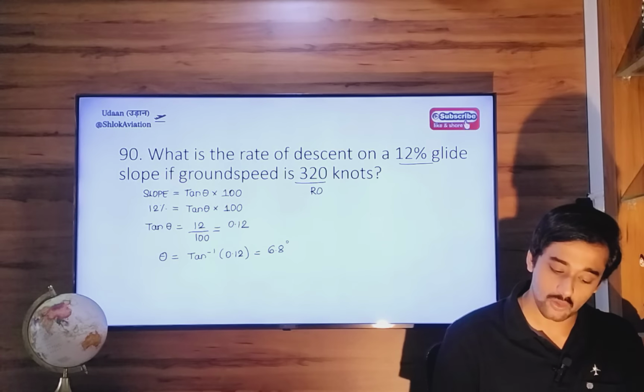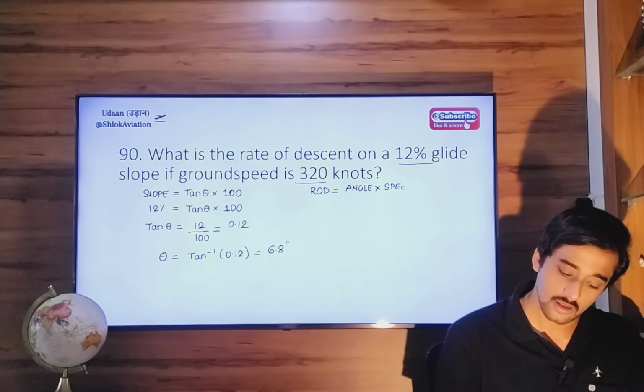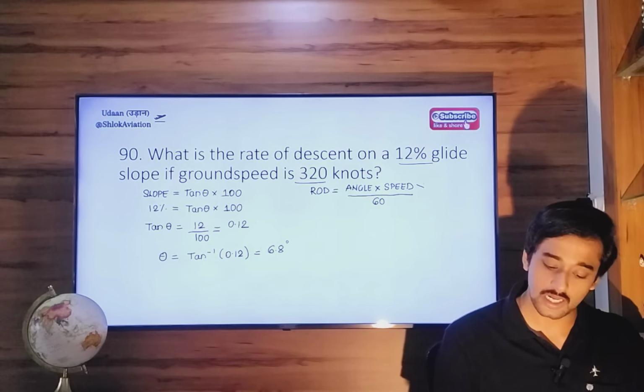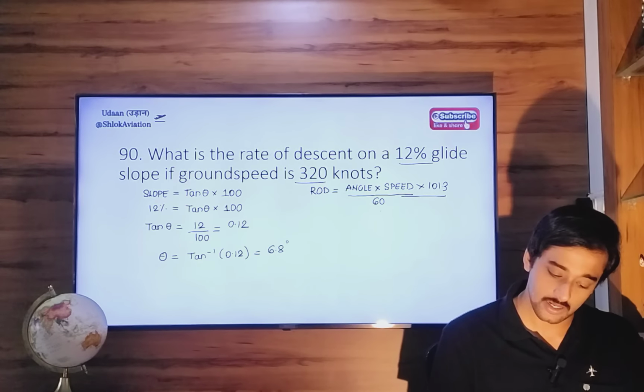Rate of descent equals glide slope angle into speed divided by 60. Make sure you multiply that speed in knots by 101.3 feet per minute.